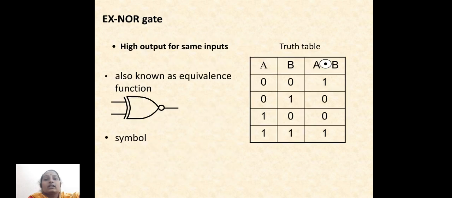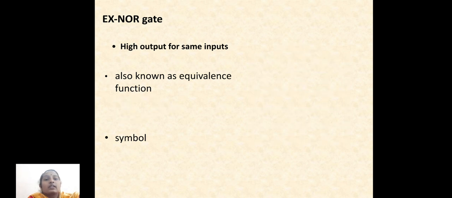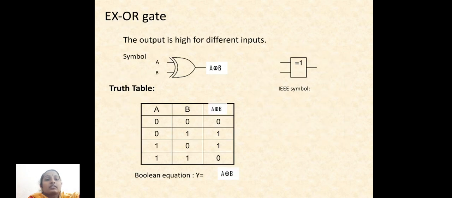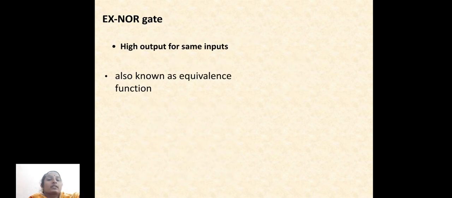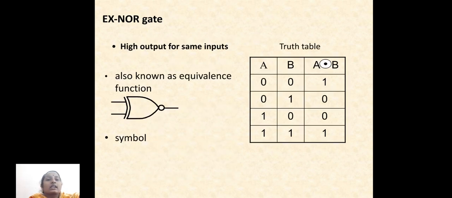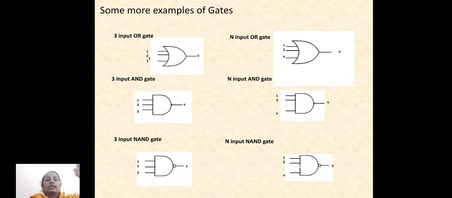And see here, this is the symbol and this is the logical expression. This circle placed over the OR gate is called the exclusive symbol. Then a 3 input OR gate, a 3 input AND gate, an n input OR gate.